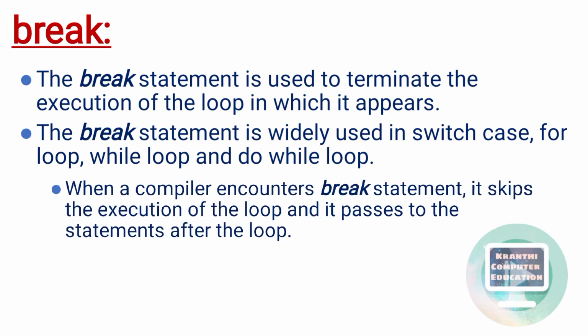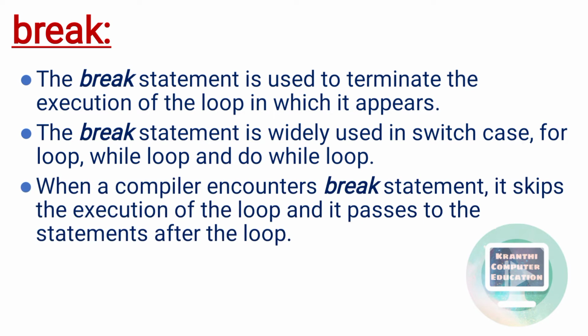When a compiler encounters a break statement, it skips the execution of the loop and it passes to the statements after the loop. So when the C compiler finds a break statement, it automatically skips the execution of the loop and the control moves to the next statements which are written after the loop.